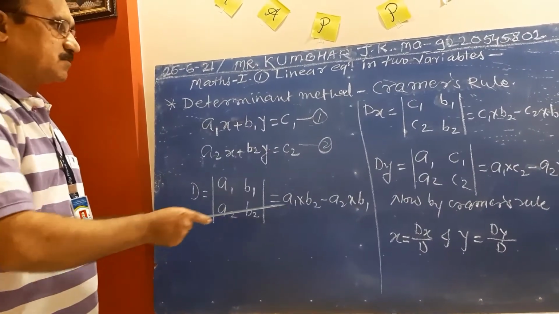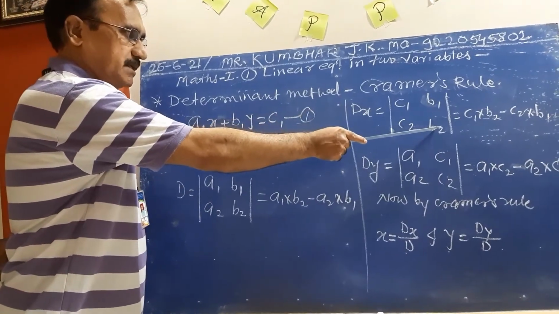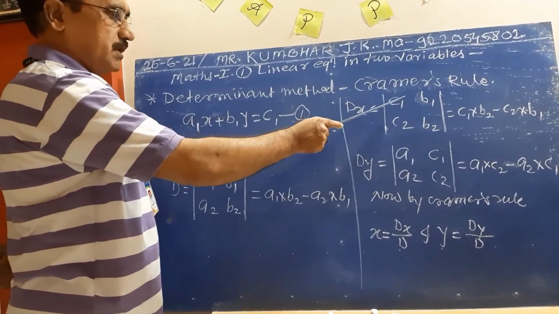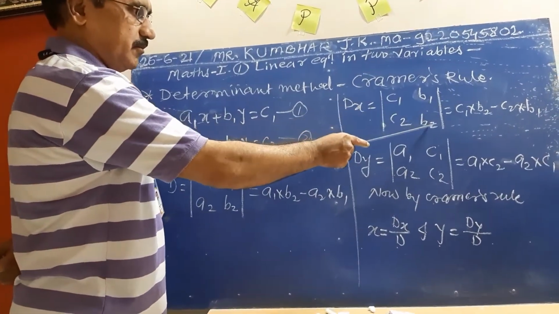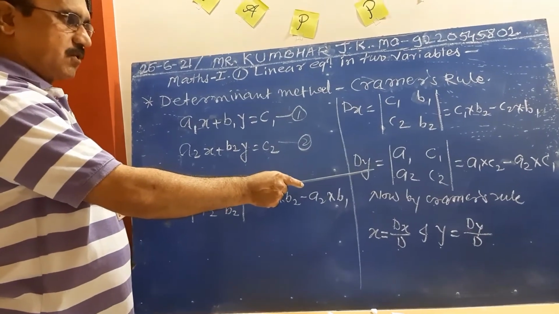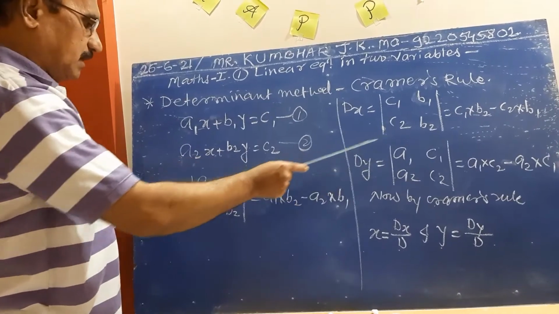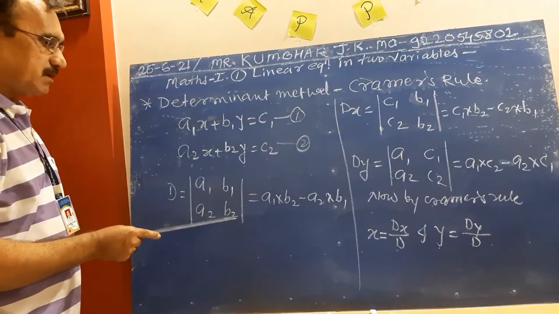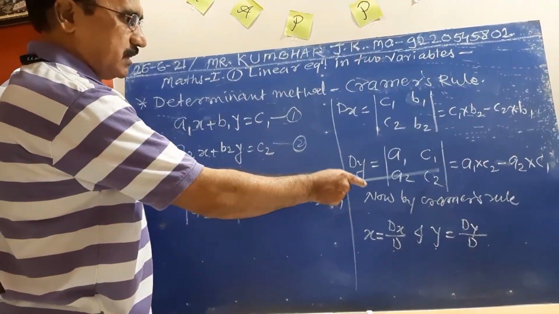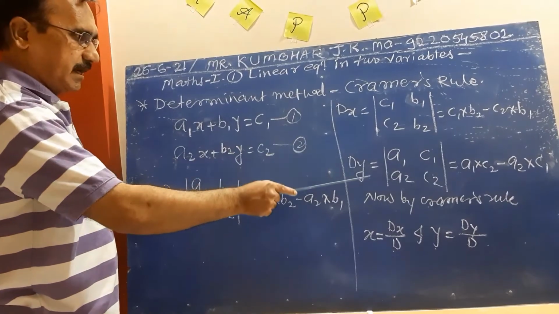Except these first two players, the reserve players are there and the remaining two players are as it is. That means for the second game, Dx is equal to c1, c2 and b1, b2. Now last, the third game. For the third game, the first two players are coming and then b1, b2 are taking rest. Except b1, b2, we write c1, c2. In this way, we can remember D, Dx and Dy.